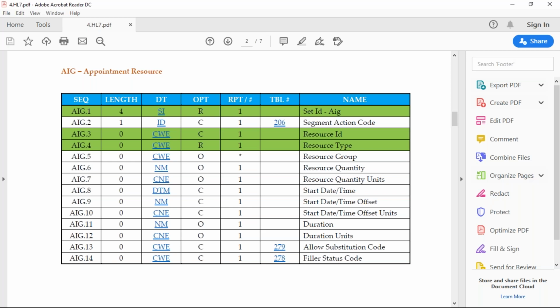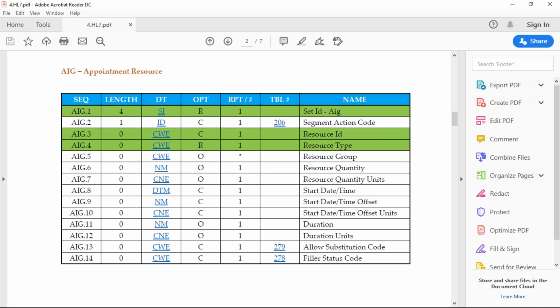Okay, so let me quickly repeat that. Whenever the provider himself is a resource, AIG and AIP will be the same. And whenever the resource is some other room like X-ray, CT scan, or MRI, then AIG will have the resource information about that X-ray room or MRI room, and AIP will have the radiologist information, who is the actual doctor assessing the patient, in the appointment message.